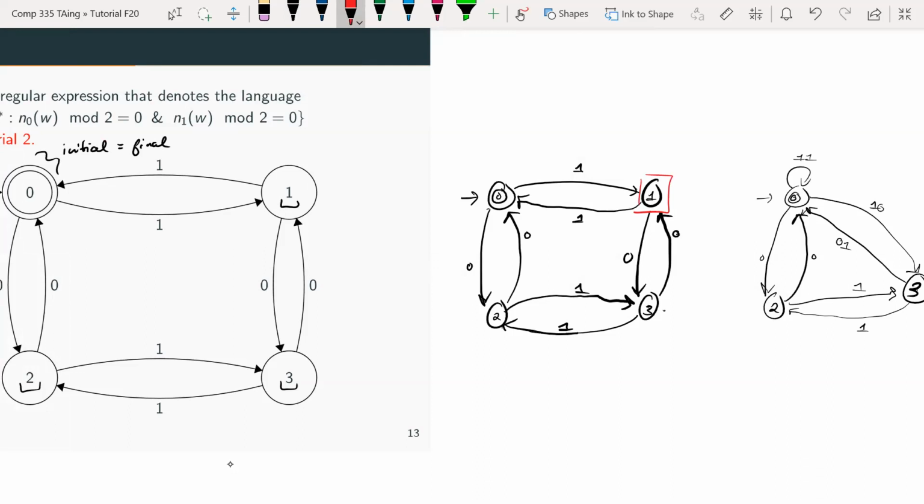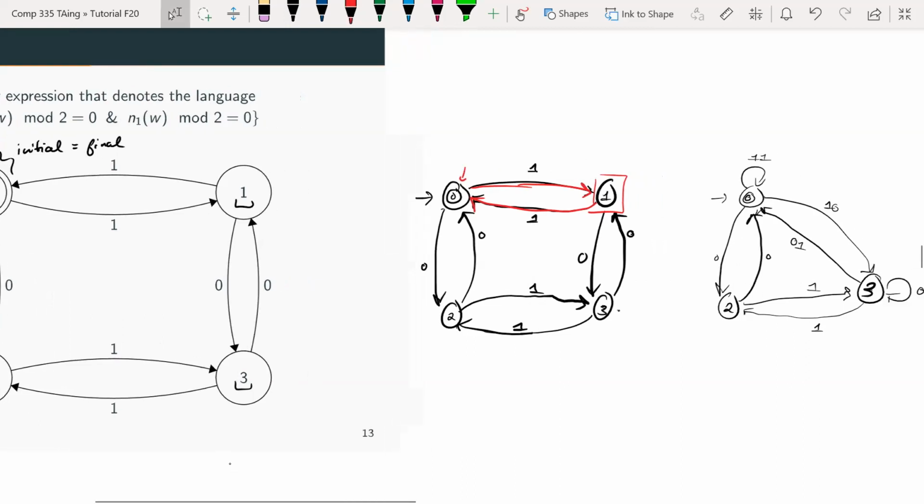So how do I do that? If I get rid of 1, what are the transitions that I need to preserve? The 1 is allowing me to do what? If I'm in 0 here, I can go back to 0 by reading a 1 and then reading another 1. In other words, it gives me a self loop on 0, which is going to be 1, 1.